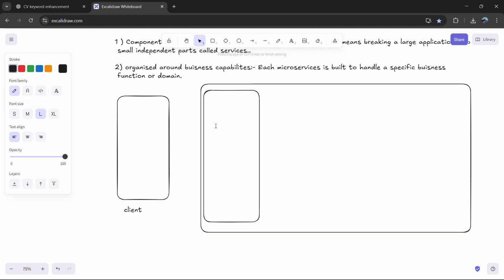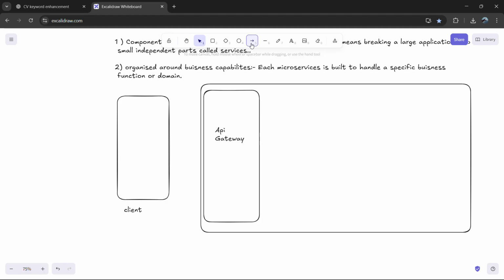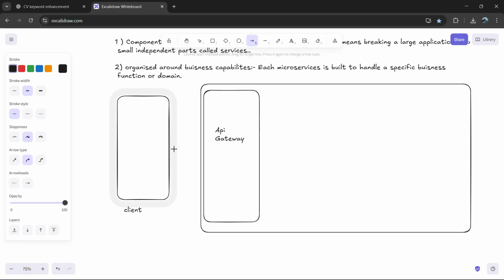Suppose a client wants to make a payment. It will connect to our API gateway.